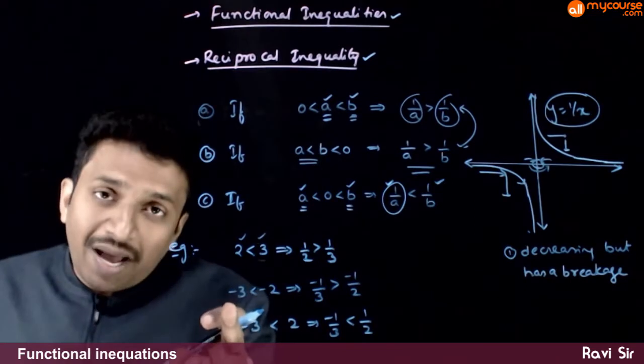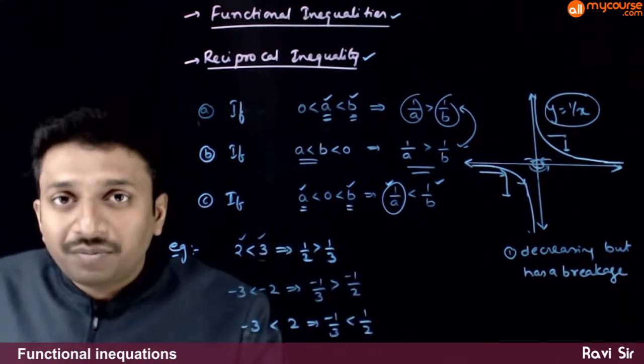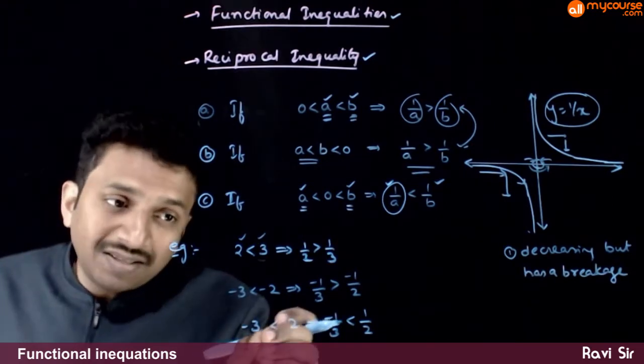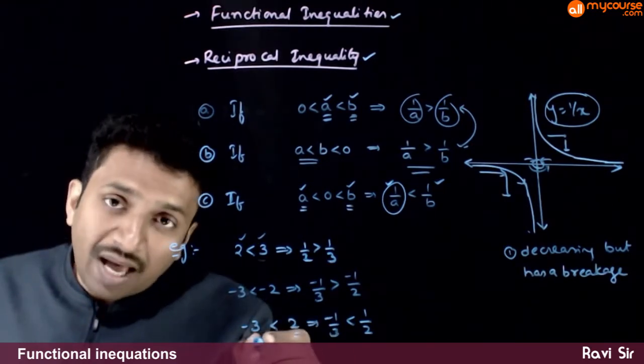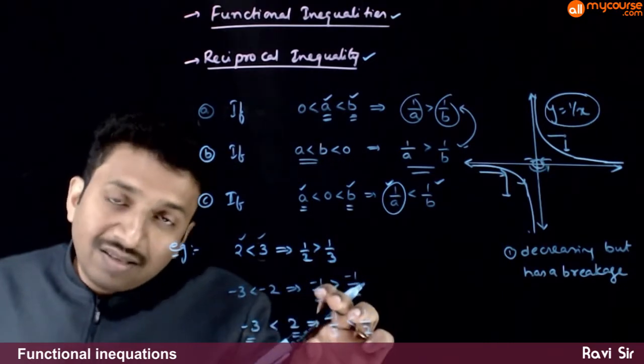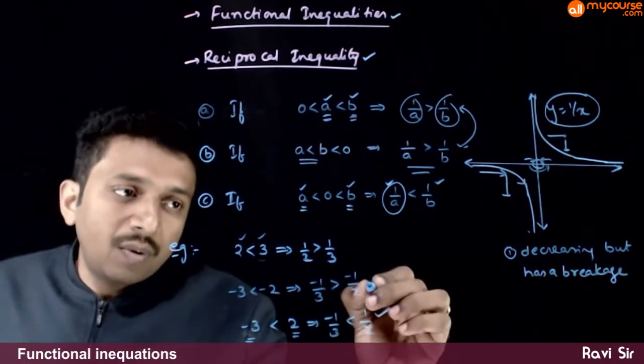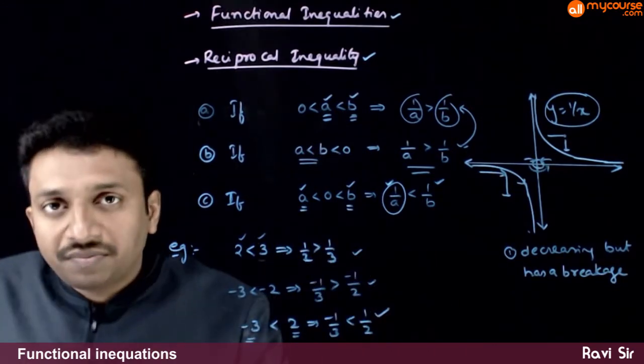And minus 3 is less than minus 2, but minus 1 by 3 is greater than minus 1 by 2. And minus 3 is less than 2. Now you have one negative number and another positive number. If you reciprocate, this side will still be negative, this side will be positive. Hence, the sign of inequality does not change.